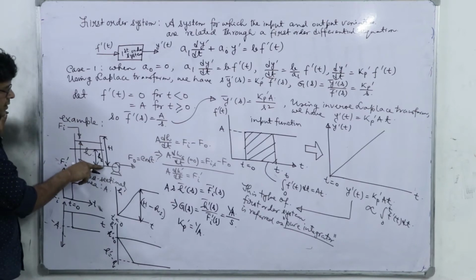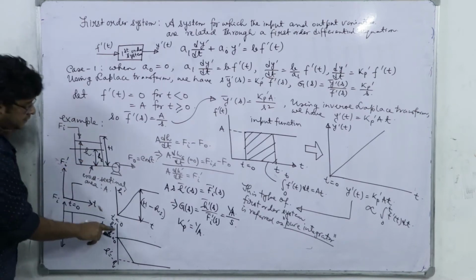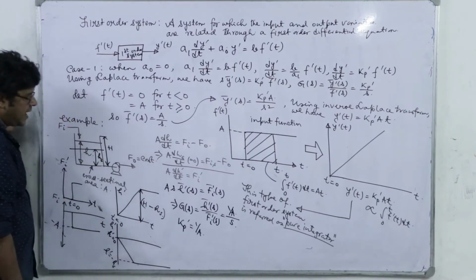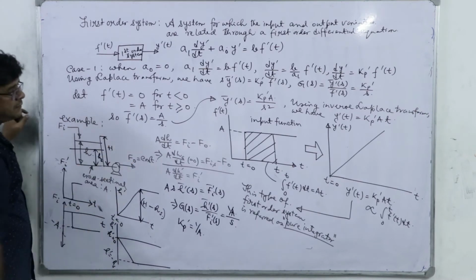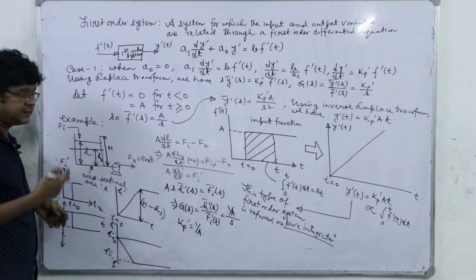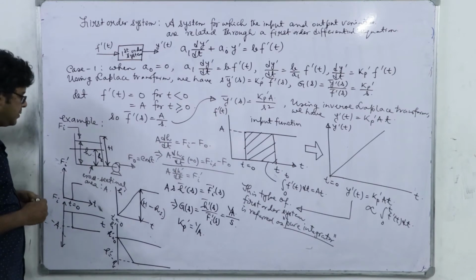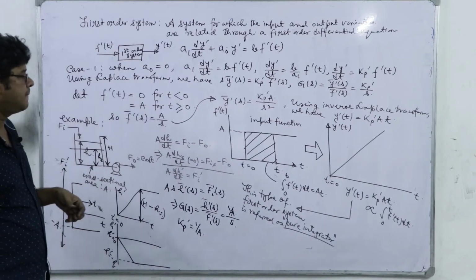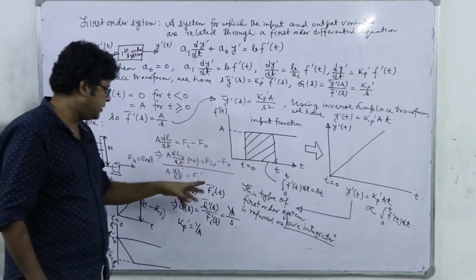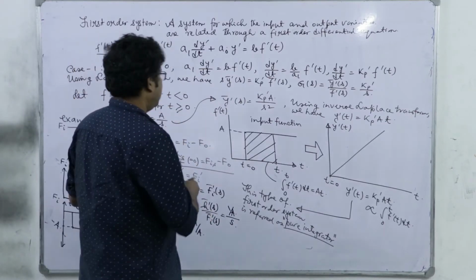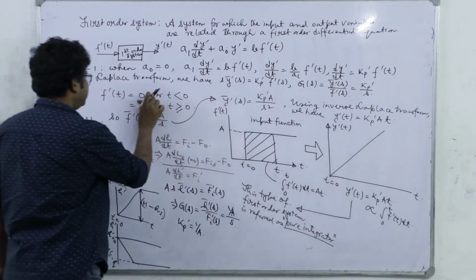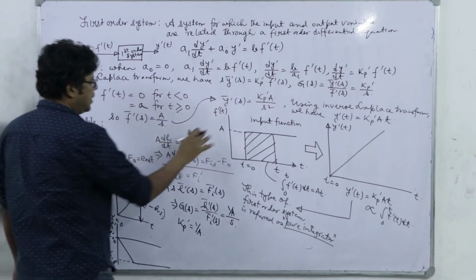So from here it will run dry after some characteristic time, which we can solve knowing the area and knowing the step height. Okay, so there is maybe a confusion. Let's not use this capital A here. Let's use small a.